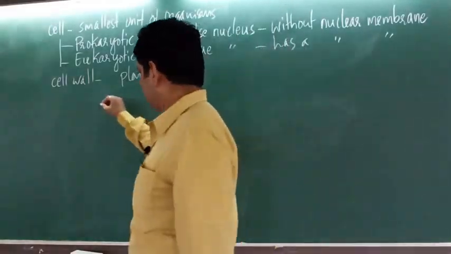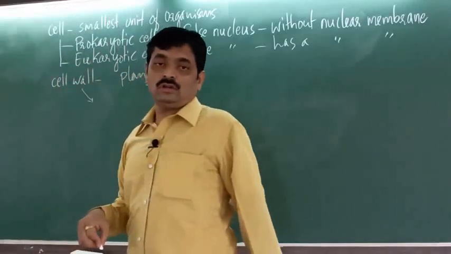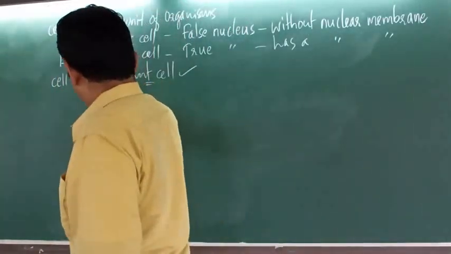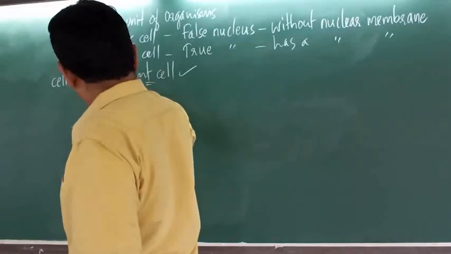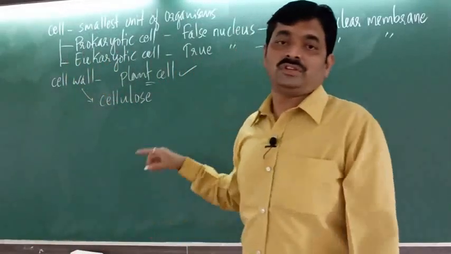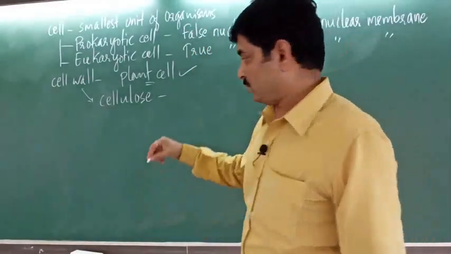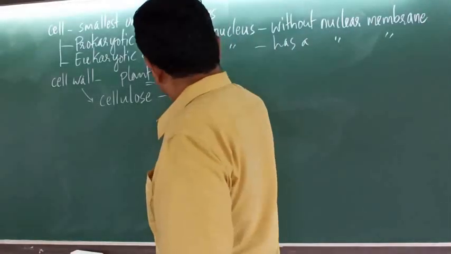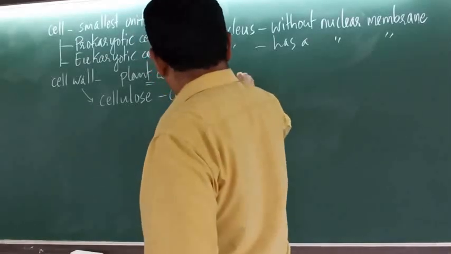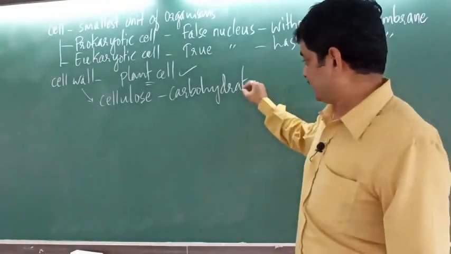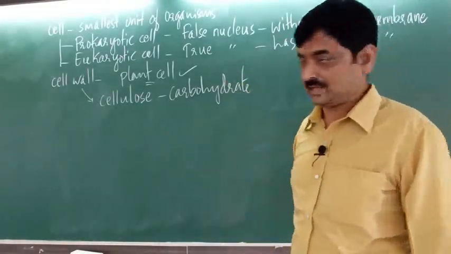And this cell wall is basically made up of cellulose, right? This cell wall is made up of cellulose. Cellulose is a type of carbohydrate. Details of this we shall discuss in the coming classes.